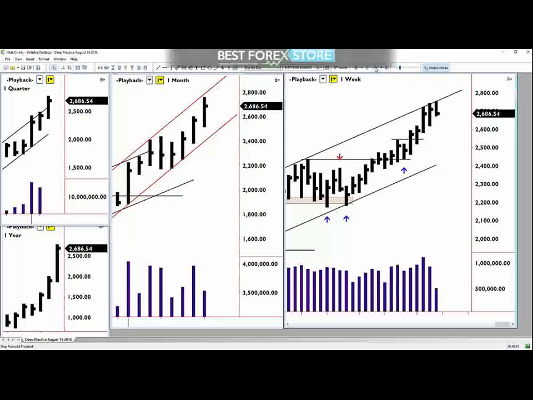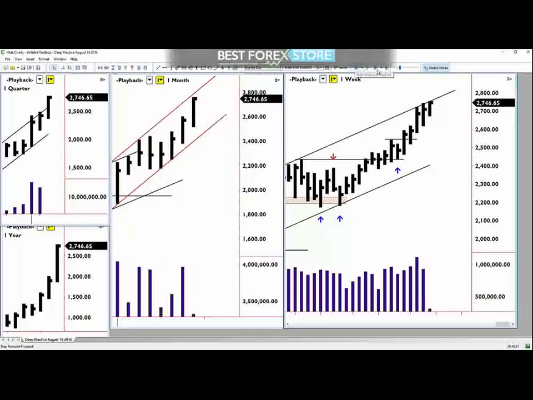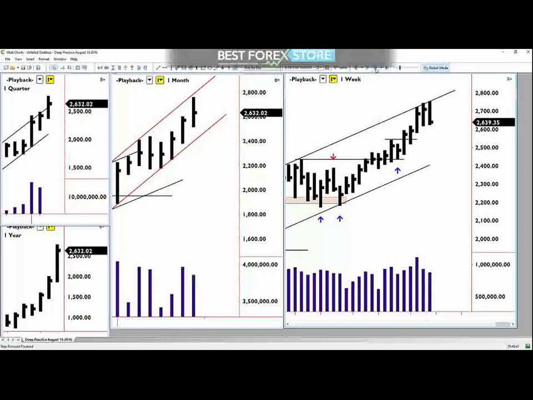Higher prices got rejected up there. Going back. Notice the volume. And look at the volume come in. Okay? Now this is the end of the week, or very close to it.